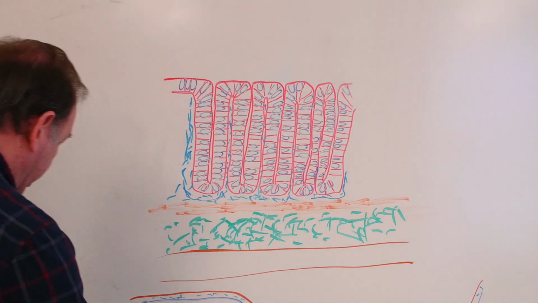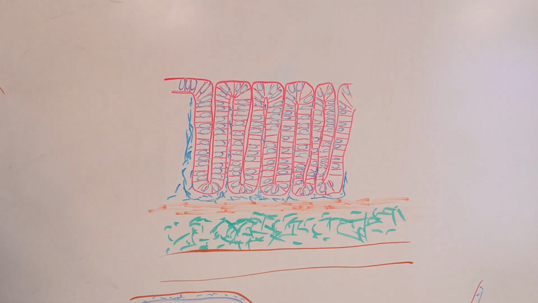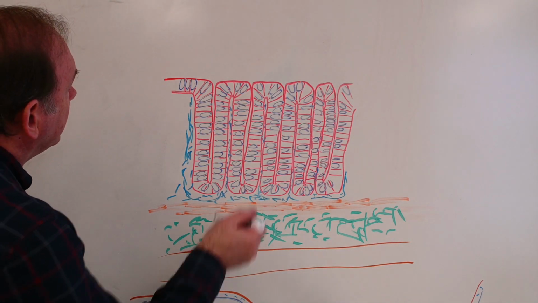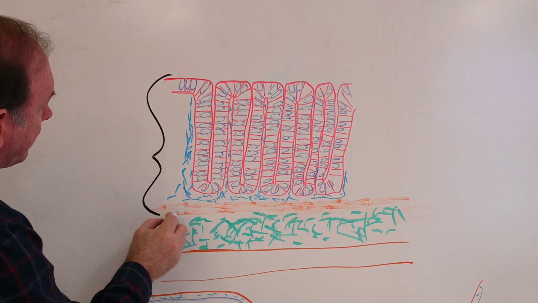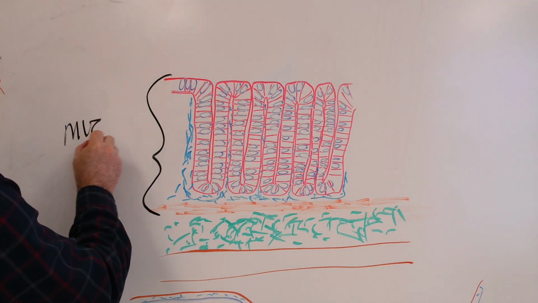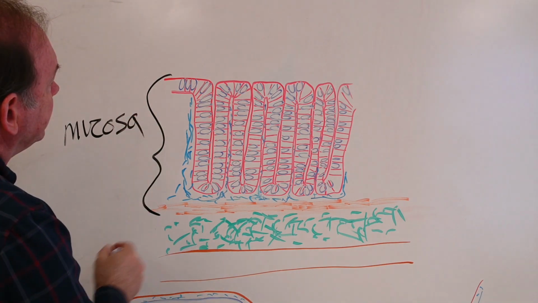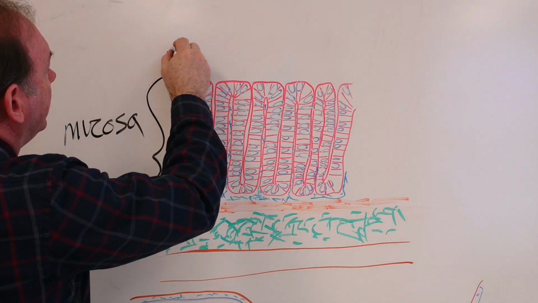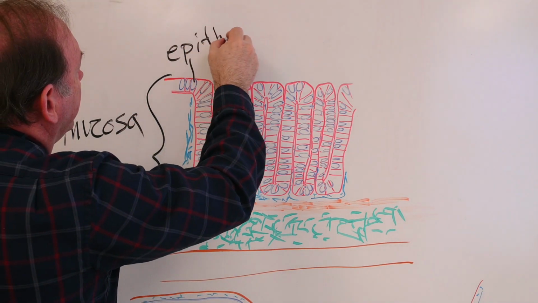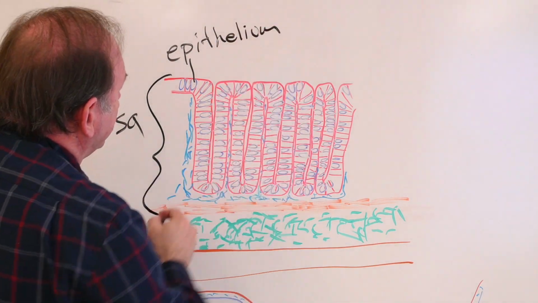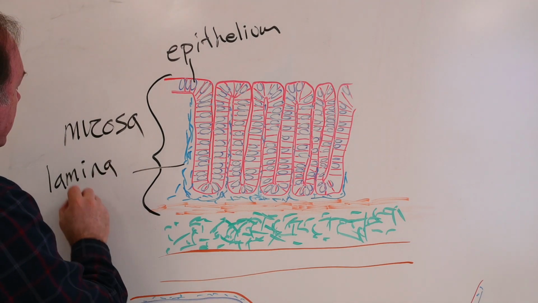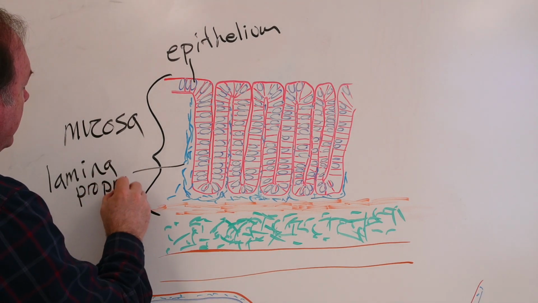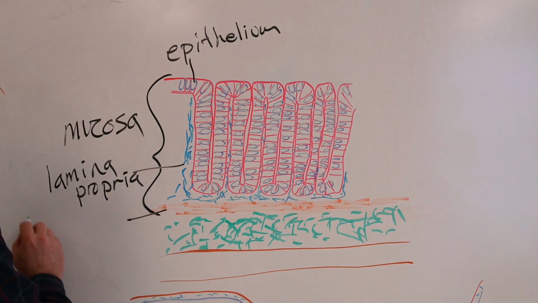First of all, there's the mucosa. It consists of the epithelium, lamina propria, and muscularis mucosa.